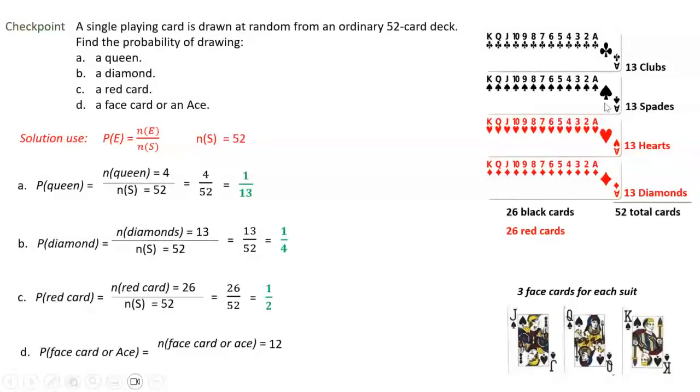The ace of diamonds, the ace of hearts, the ace of spades, and the ace of clovers, which means it will be 12 plus 4 over my sample space, which is 52. So it'll be 16 over 52. We reduce it, so it's going to give us 4 over 13. So the chances of choosing a face card or an ace are 4 out of 13. And that's how you do these types of probabilities.